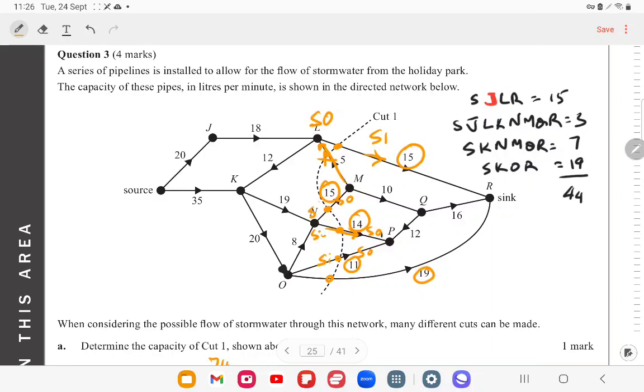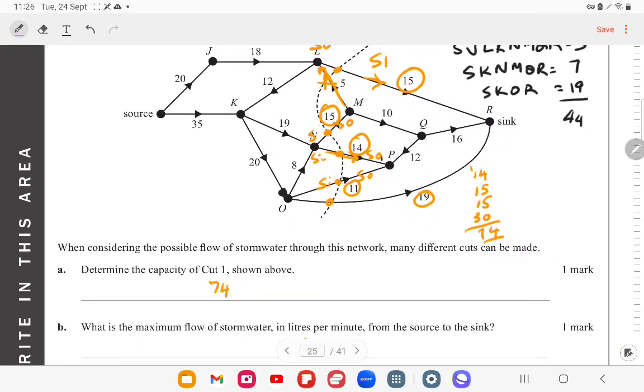So when we add all these values, we get 15 plus 15 plus 14 plus 14 plus 11 plus 19. So that is totally 30 there. And we get, so that's 9, 14, 4, 2, 3, 4, and 74. And that is 74.